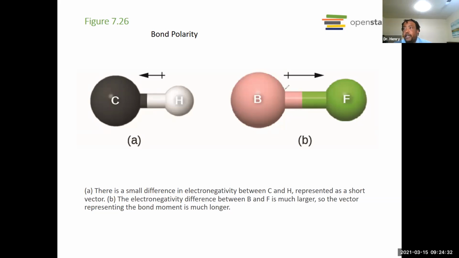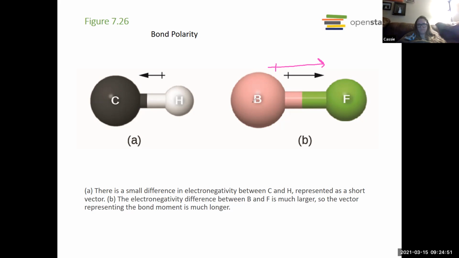Where we have beryllium and fluoride, there is a huge difference in terms of electronegativity. So the electrons are going to be going in this direction, right? It's going to spend more time with the fluoride than with, not beryllium, with boron. Boron. Yeah, with boron.